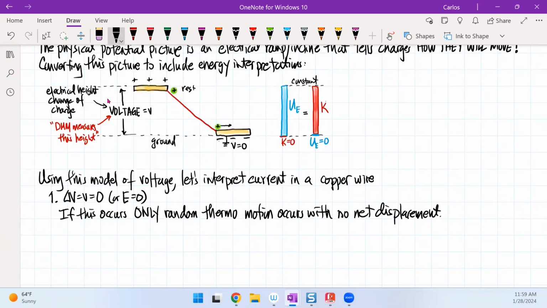So the way I'll interpret this is that I'm going to imagine that I have a piece of copper wire. Let's say it looks like this. Let's imagine that this is the surface.